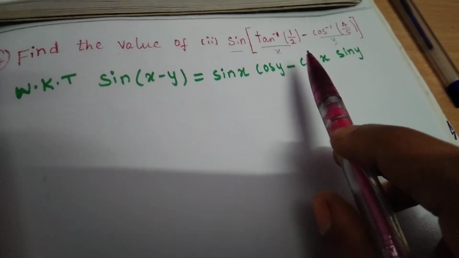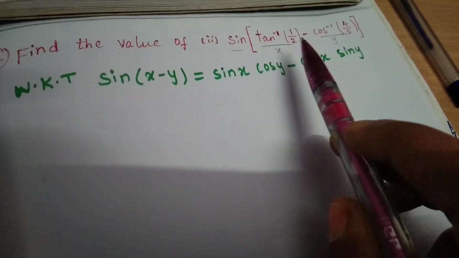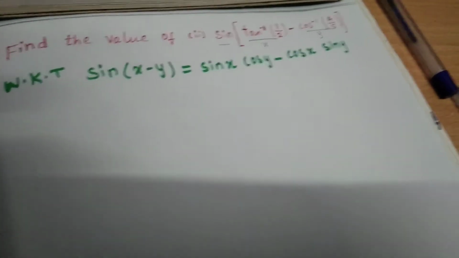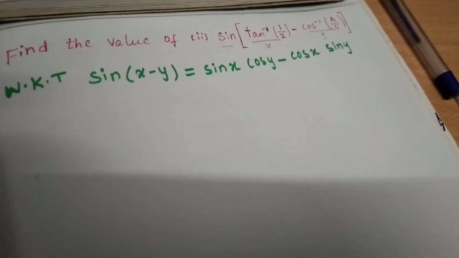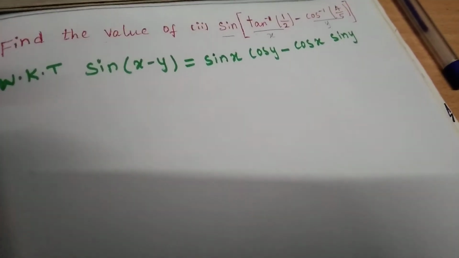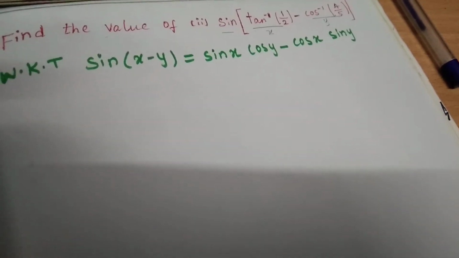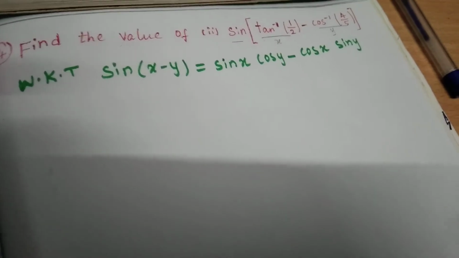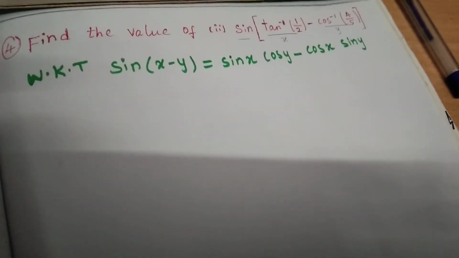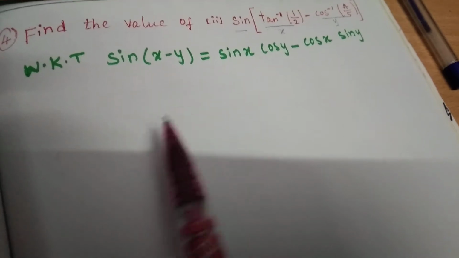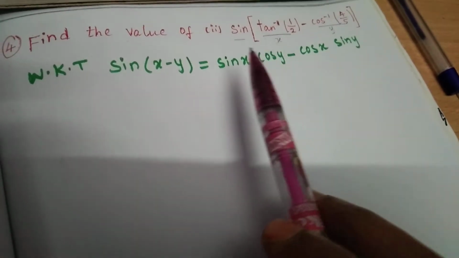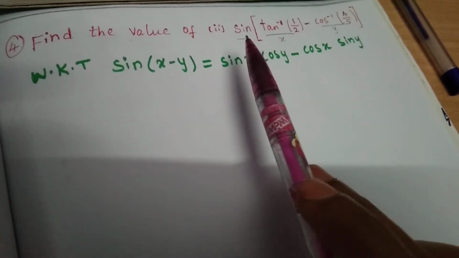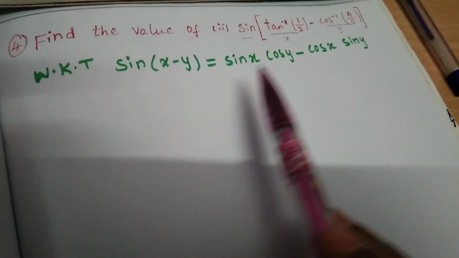Now we know the formula: sin of (x minus y) is equal to sin x cos y minus cos x sin y. We know this formula very well, so we can use it.